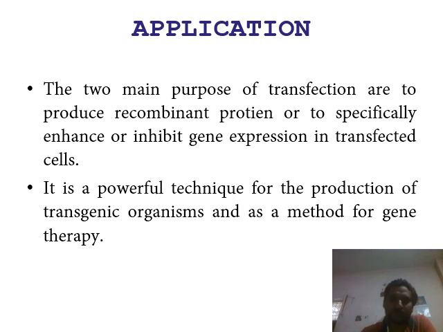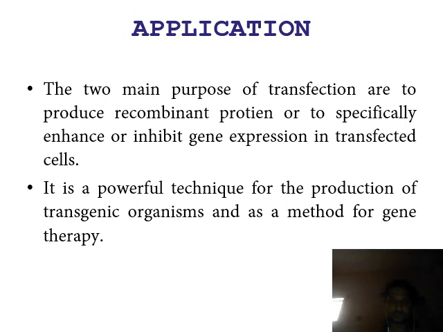Then that vector can be transfected directly into the cells where we want to express it. So this is one method by which we can express the recombinant protein in a particular type of cells by using DNA transfection.